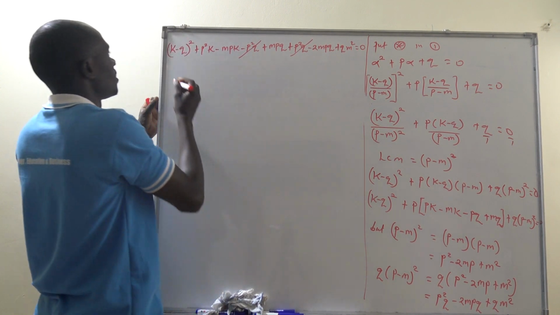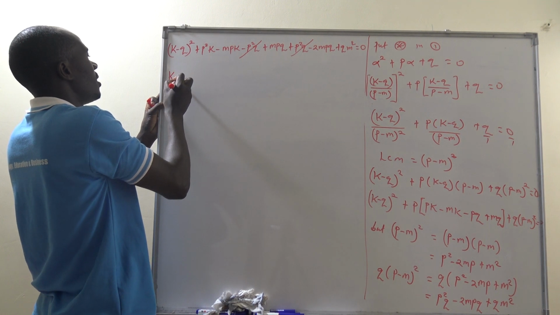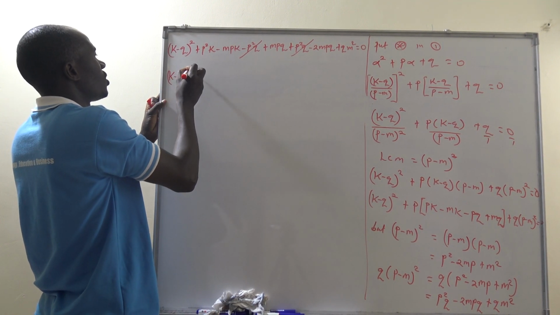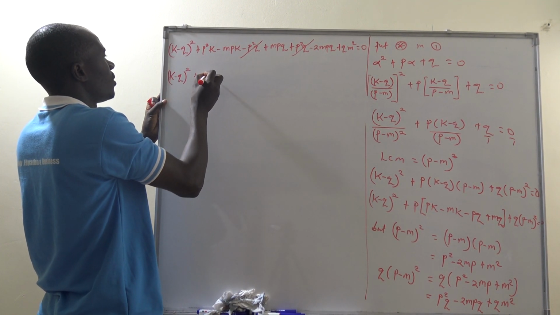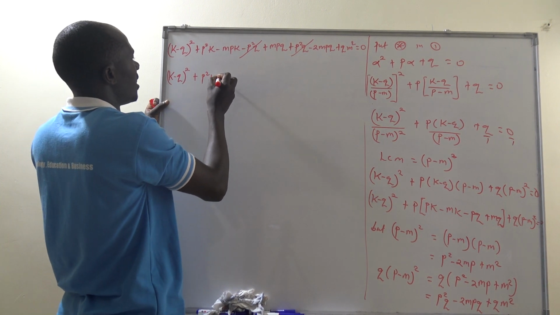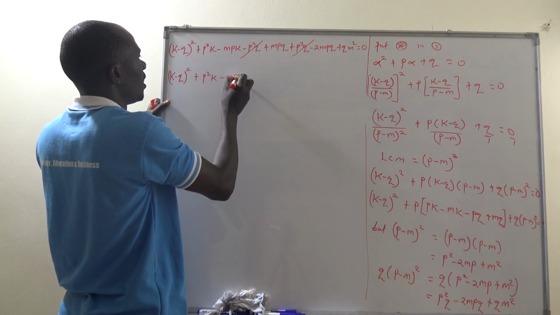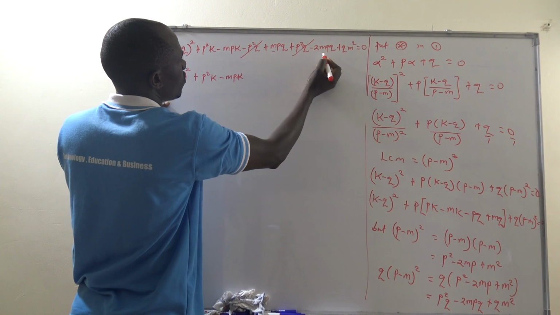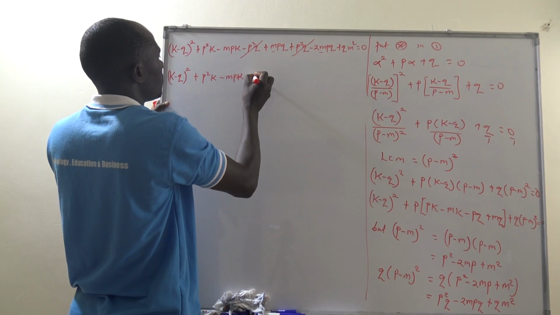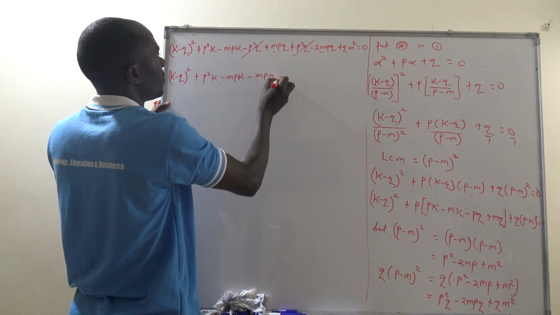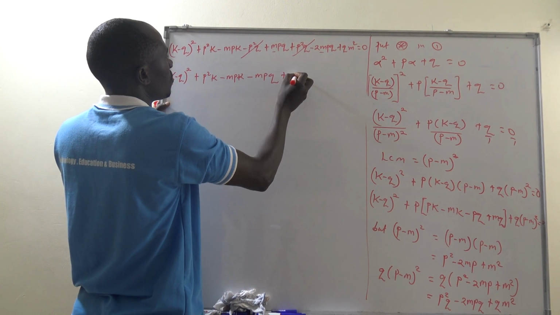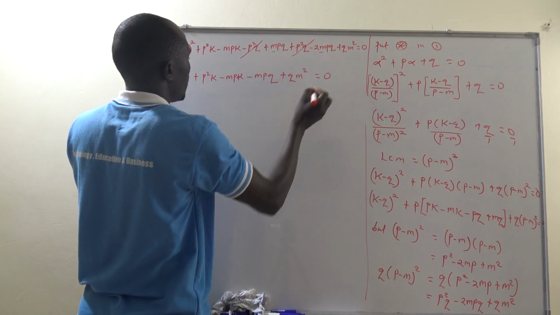So we have (k − q) the whole of it squared, plus p squared k minus mpk. This one is collected with that, we remain with the negative mpq, then plus q m squared equals a there.